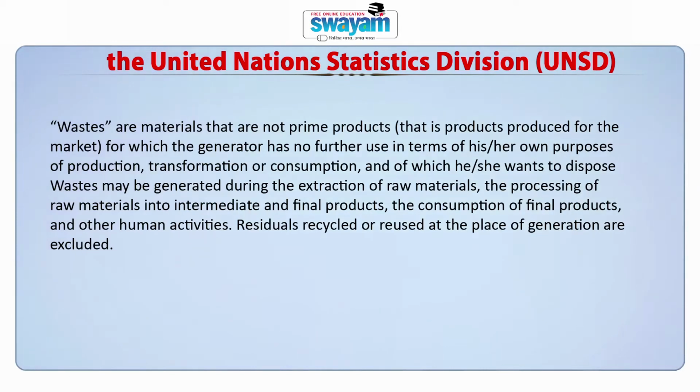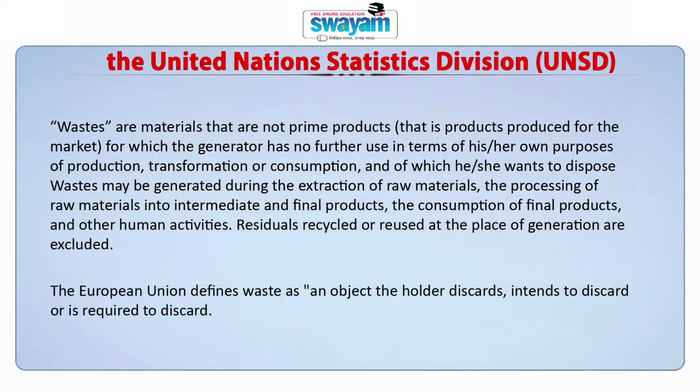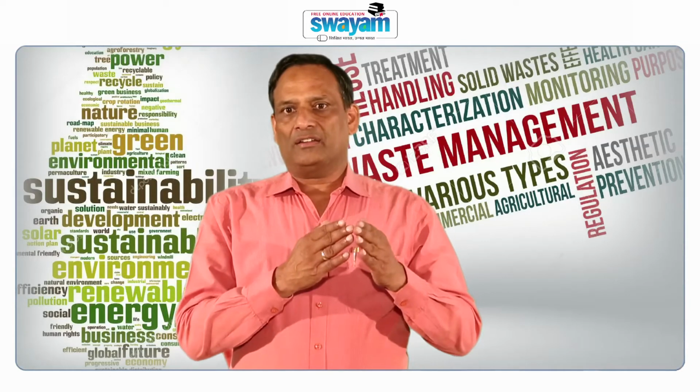Waste may be generated during the extraction of raw materials, the processing of raw materials into intermediates and final products, the consumption of final products, and other human activities. Residues recycled or reused at the places of generation are excluded from this definition of waste. The European Union defines waste as any object that the holder discards, intends to discard, or is required to discard. Now we have learnt what a waste is.